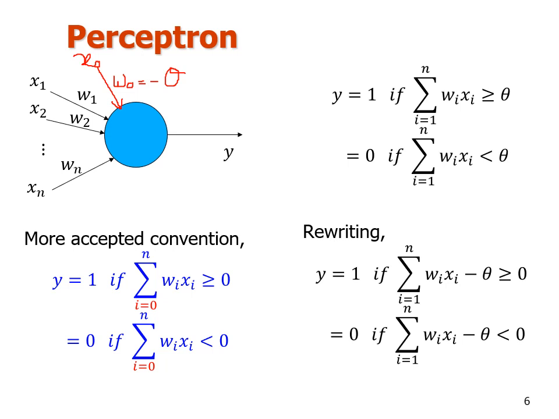Please note, in this new convention our i varies from 0 to n.